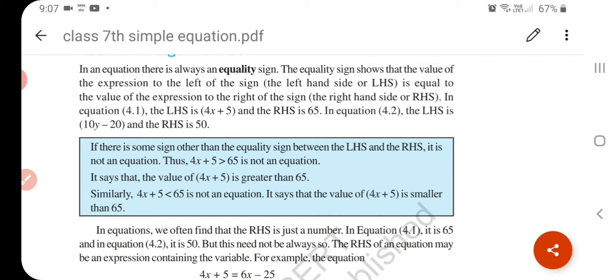If both the sides are equal, then it is called equation.